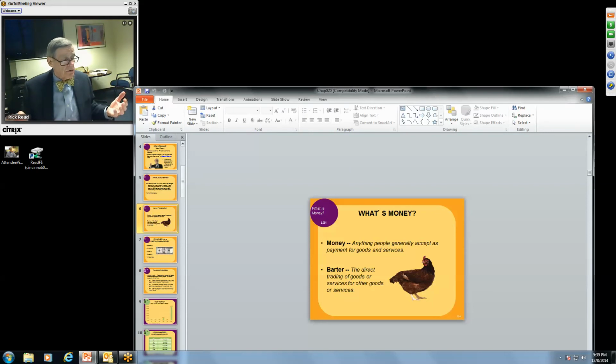I don't have any idea what the cost was or how far it was going. She cooked him a chicken dinner. Now we can figure out what the ingredients were and whatever she put in there. But most likely, he put more into it money-wise than he got out of it. I'm speaking money. And she put less in, but they each got something that they wanted with a barter. No money changed hands.